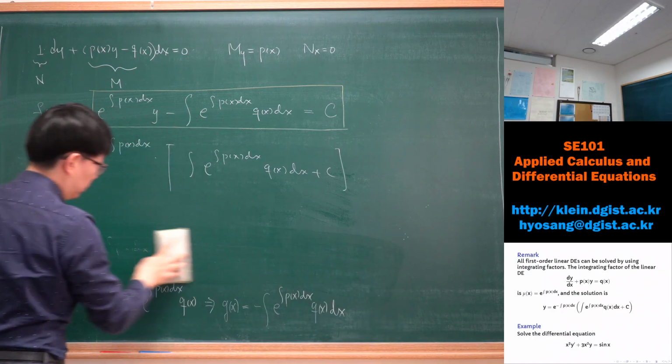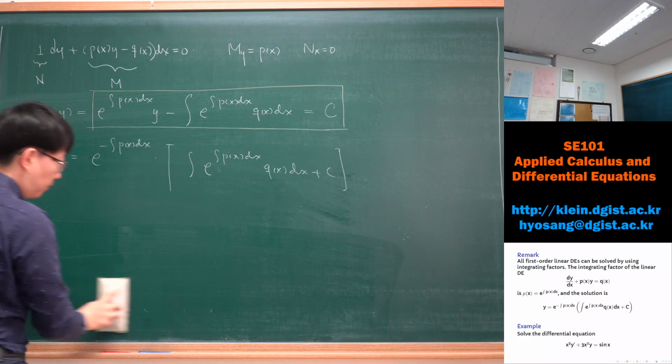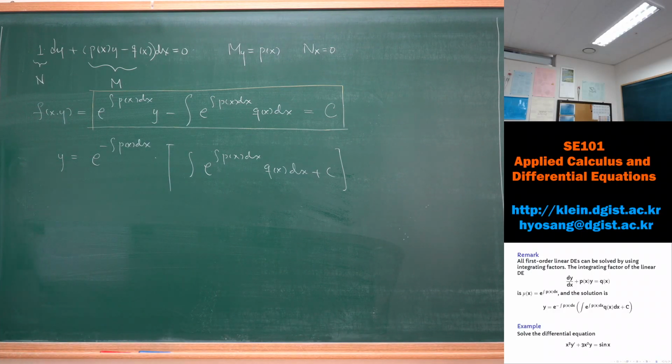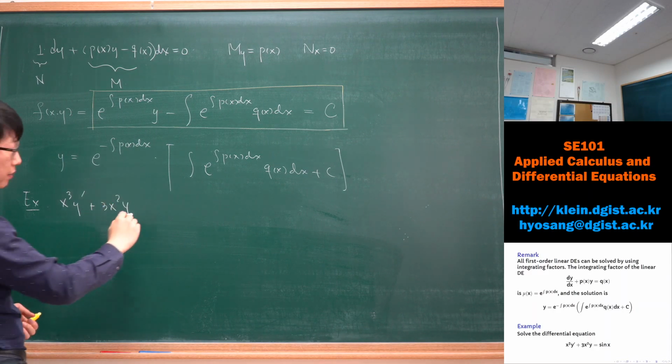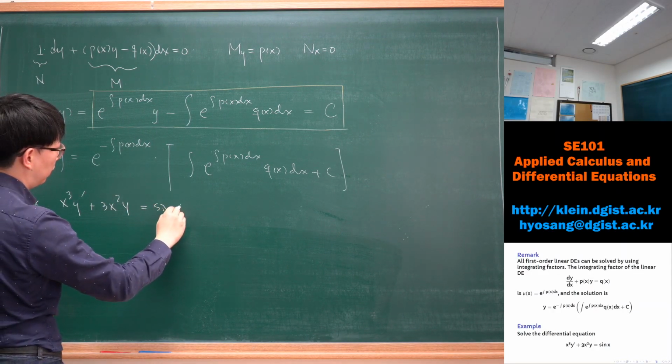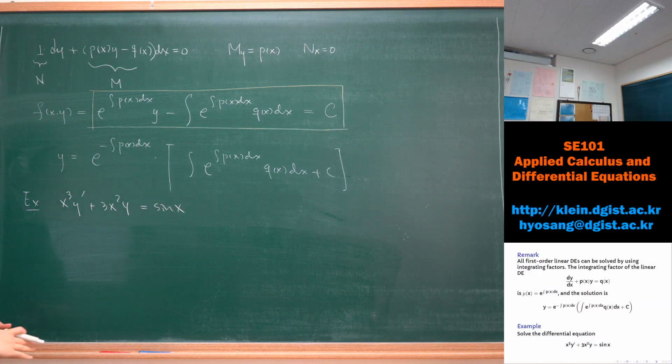So for example, let's look at this example. We have x cubed y prime plus 3x squared y equals 2 sine x. There's no initial condition.